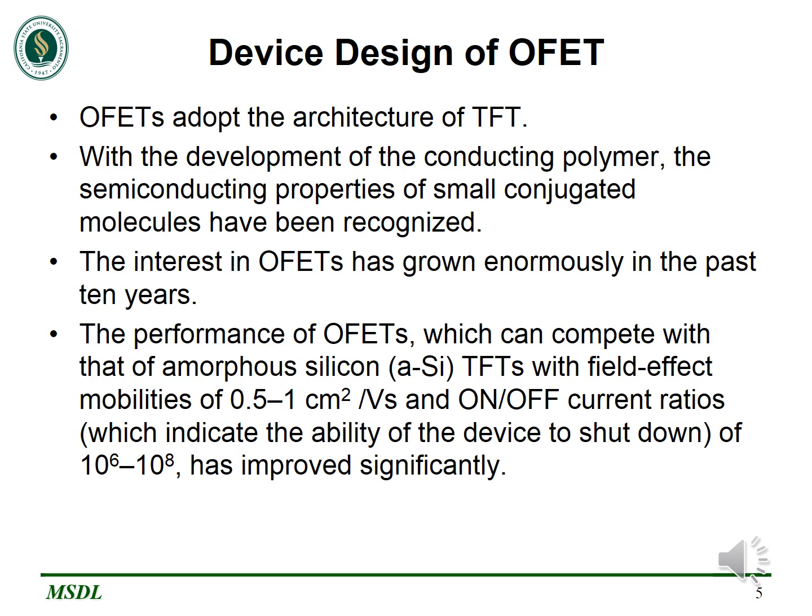After the development in conducting polymer, the semiconductor properties of small conjugated molecules have been recognized. OFET area is developed very much in the past 10 years. The performance of OFET has improved more than the amorphous silicon TFT, which has field effect mobility of 0.5 to 1 centimeter square per volt second.